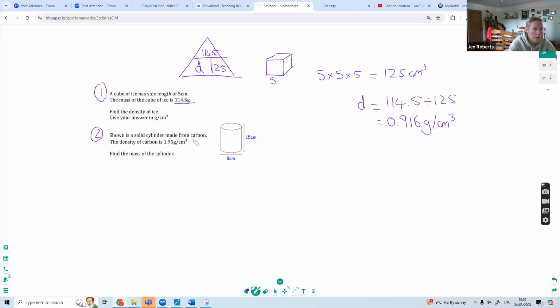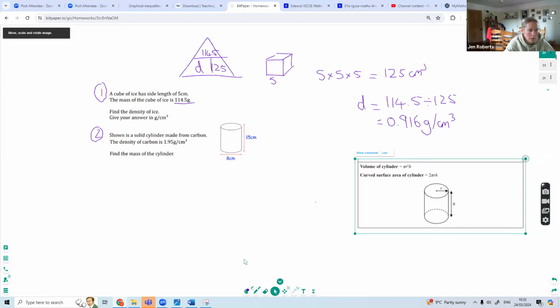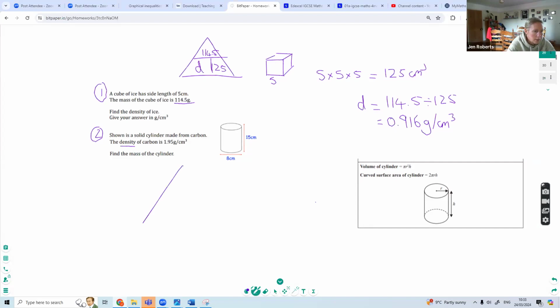So for this one, let's just get the formula sheet for you, so you can see what it looks like if you couldn't find one. On your formula sheet, at the bottom of the first page, you're given this. So what information have we got here? We've got the density. Let me put that into the triangle.